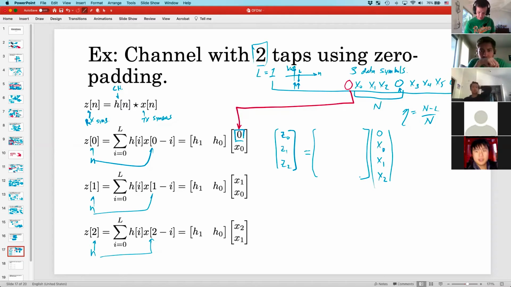So z0 needs an h1 times a 0 and an h0 times x0, and then zeros on these guys. Are you following? This vector falls on top of this matrix and we get h1 times 0, h0 times x0. So we are doing these 2 multiplications and then nothing else. That's the 2 zeros here. Okay, do you want to fill in the second row? Can you predict what's going to happen here?